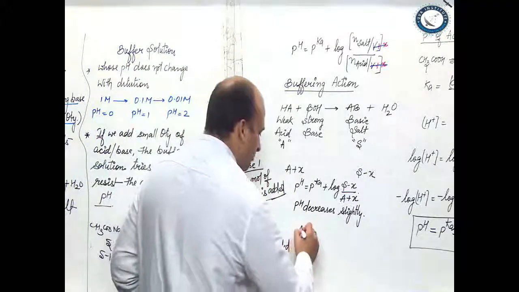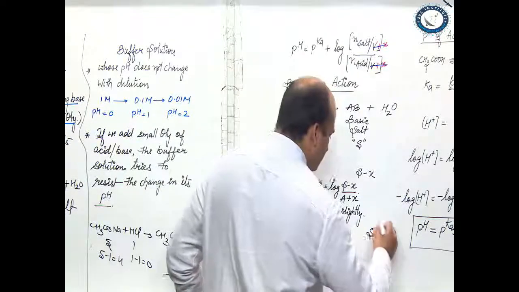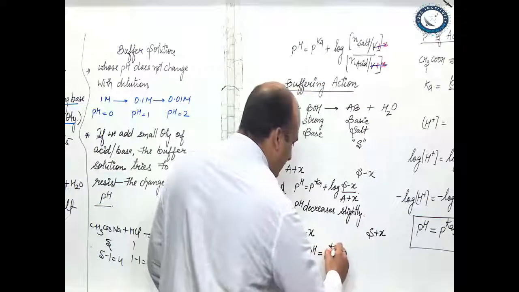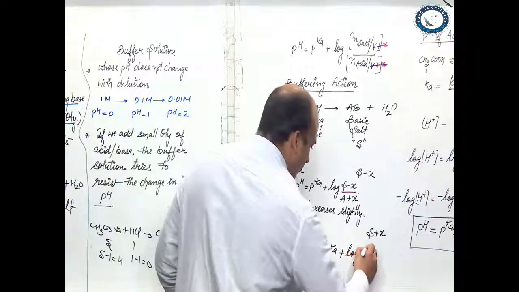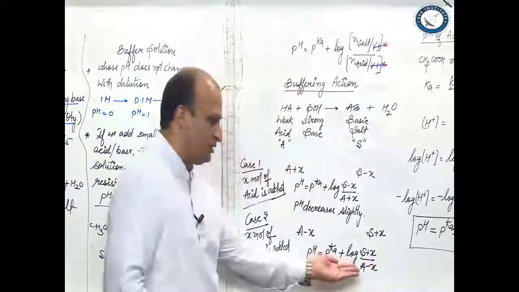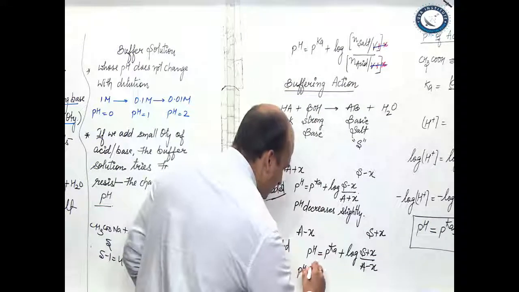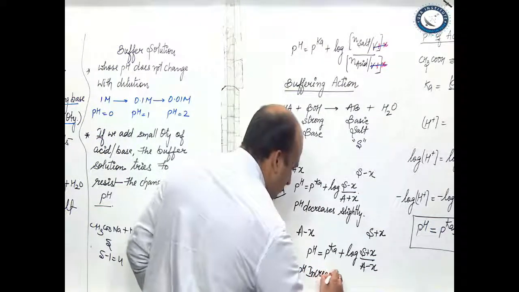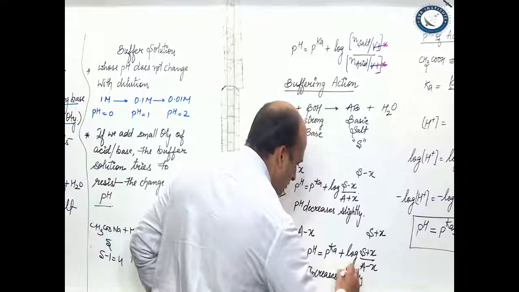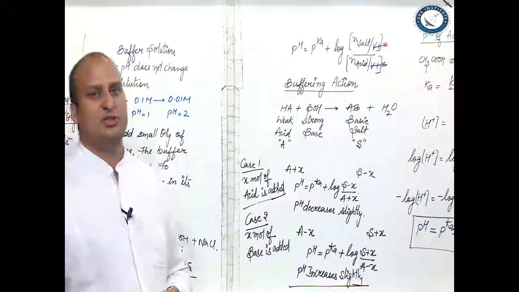So this will be A minus X. Some more amount of salt will be formed, so it will be S plus X. So now the pH will be pKa plus log of S plus X upon A minus X. As you can see the ratio is slightly increasing, so pH increases slightly. Got the point? Understood the buffering action of buffer?